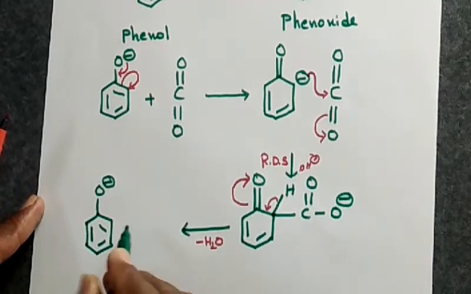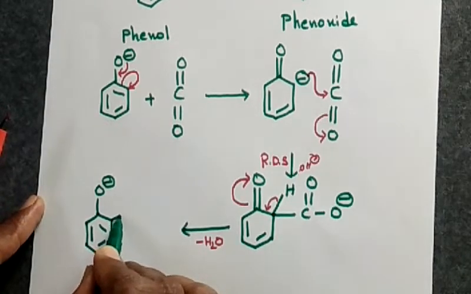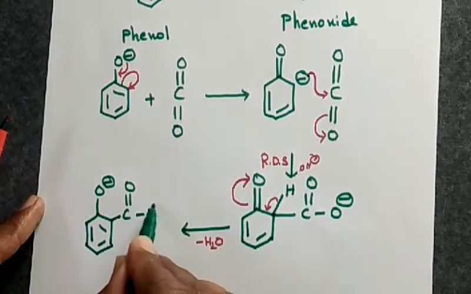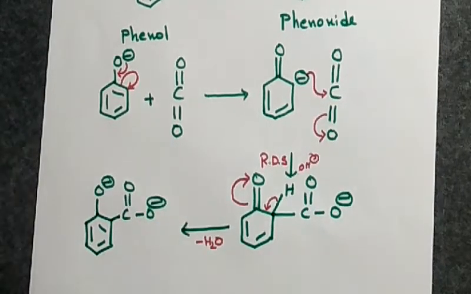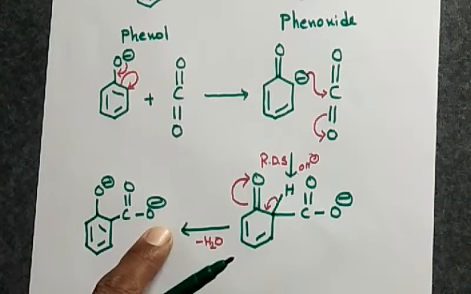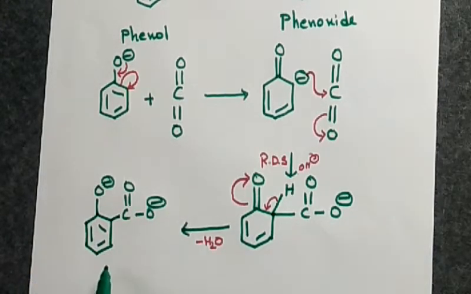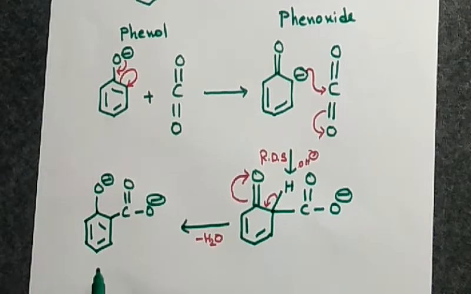This is O minus, and this is C double bond O, O minus. Now there are two negatively charged ions. These two simultaneously accept the protons from the diluted acid.